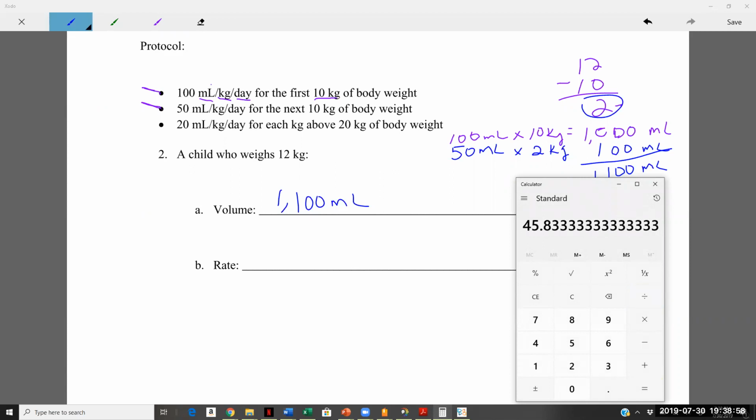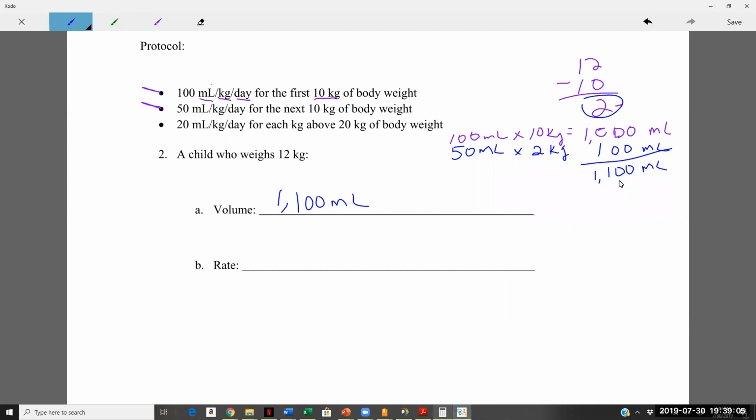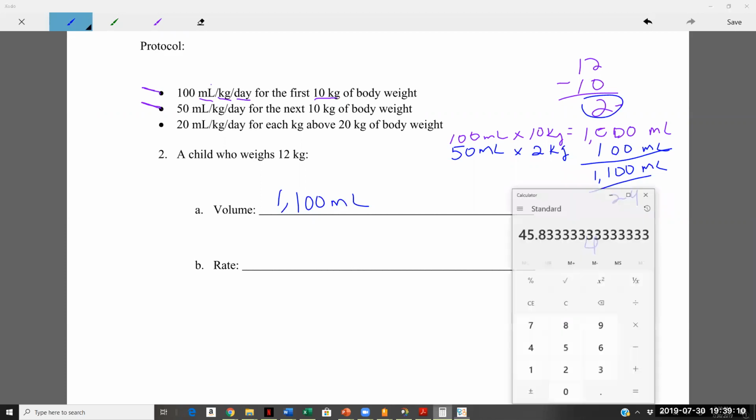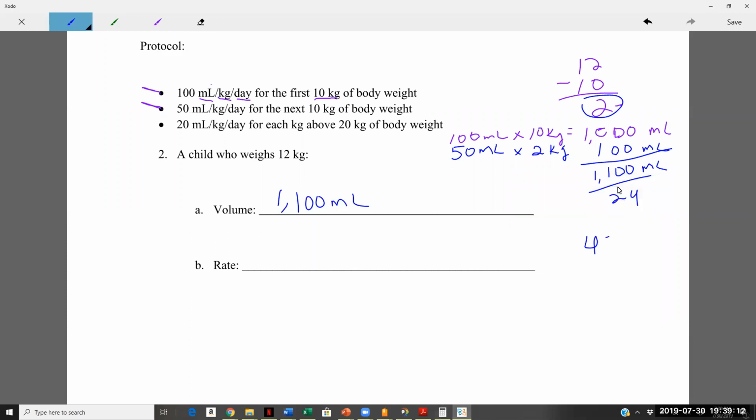So I get 45.8 and a whole lot of threes. So again, we're going to round to the nearest tenth. I want to be precise with pediatric patients. So that is going to be 45.8 milliliters per hour. Let's take a look at what happens when our patient weighs a little bit more.